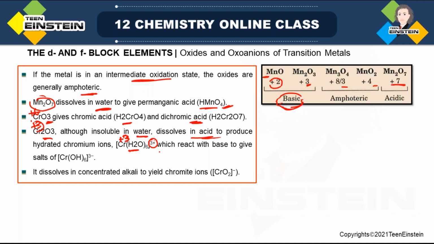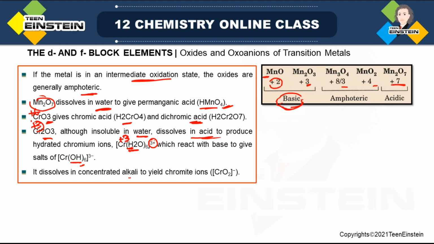These hydrated chromium ions that we get after dissolving in acid can react with base also. See, here we have a total of 6 waters, but when treated with base it will capture H+ from H2O, so from H2O we get hydroxide ion HO-. That is why the formula here is chromium hexahydroxo, 3-.